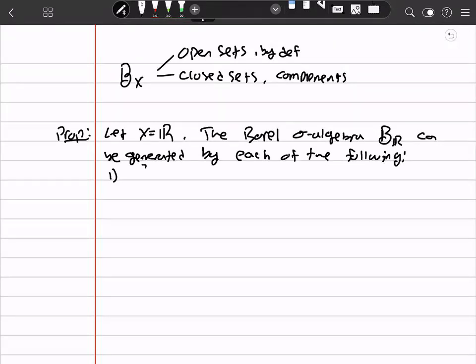So the first one is E1, which is just going to be the set of all open intervals. Right, so this is the standard generating set for the Borel sigma algebra. That's the one we defined before. That is the definition of taking the Borel sigma algebra. The second one that we can have are all closed intervals.